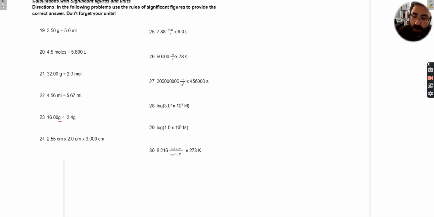Now if we are dividing, the units begin to cancel out because one of them is on the top and the other's at the bottom. For example, take a look at this one right here. You've got liters times atm divided by moles times K. Whenever you see a unit that has multiple units in it, it's called a derived unit.